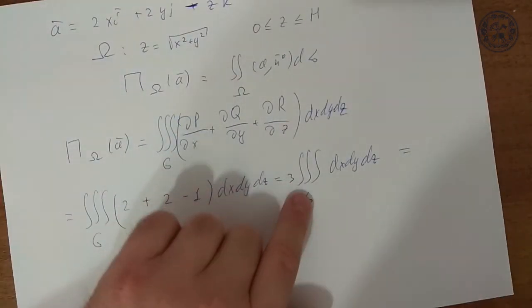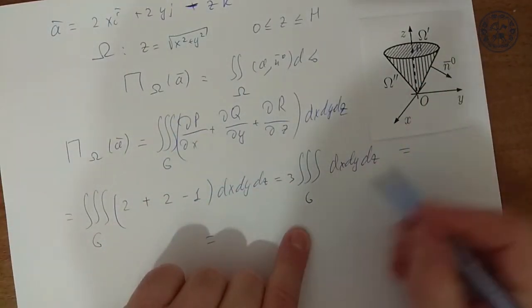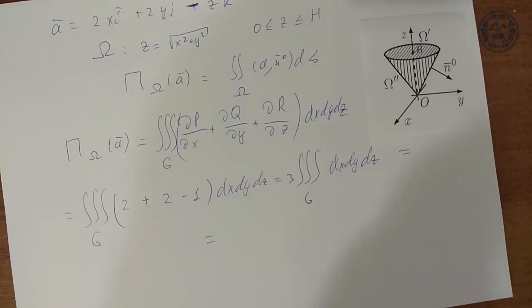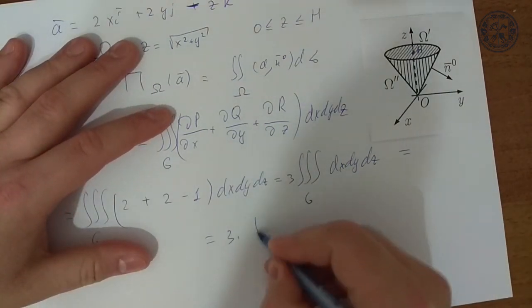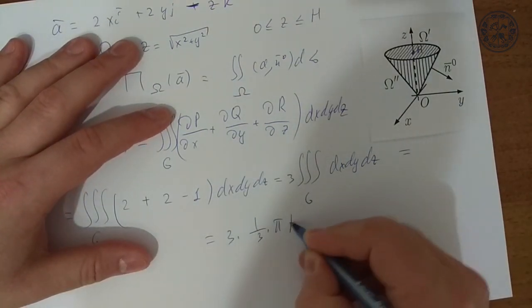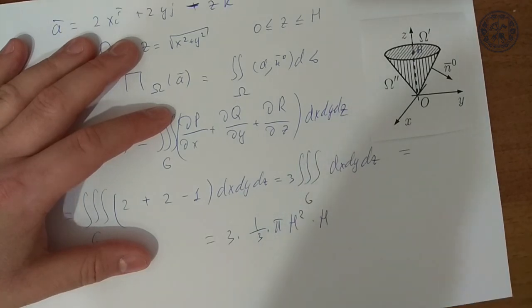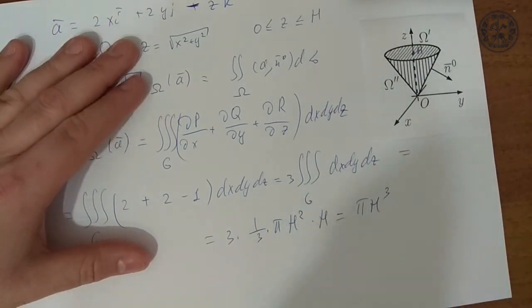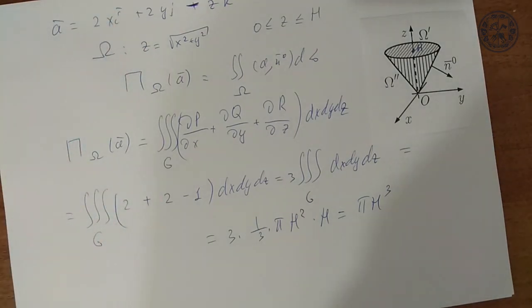Now the triple integral by the body G of dx dy dz, nothing here, just 1. So this integral equals the volume, and the volume of such a cone will be 1 over 3 π h squared by h, which will give us πh cubed. This will be the flow of the field.